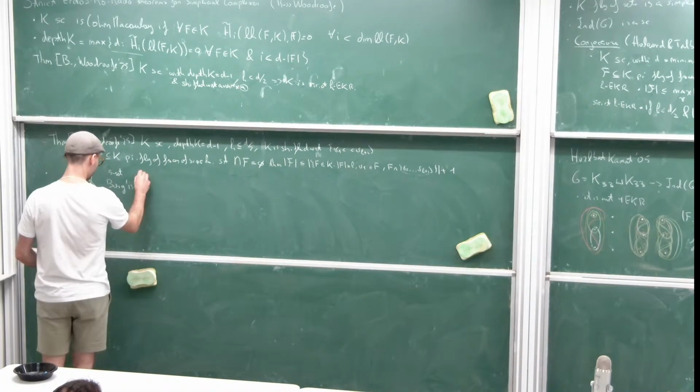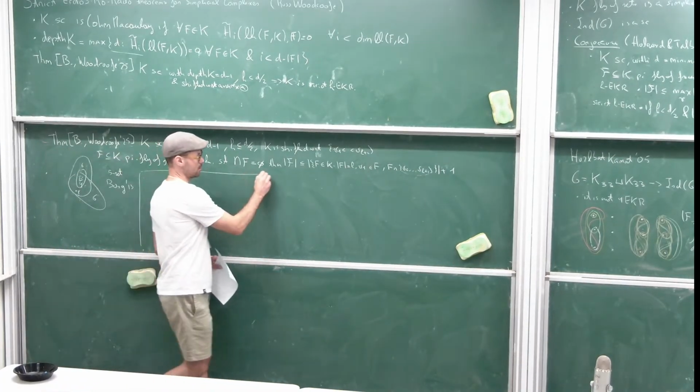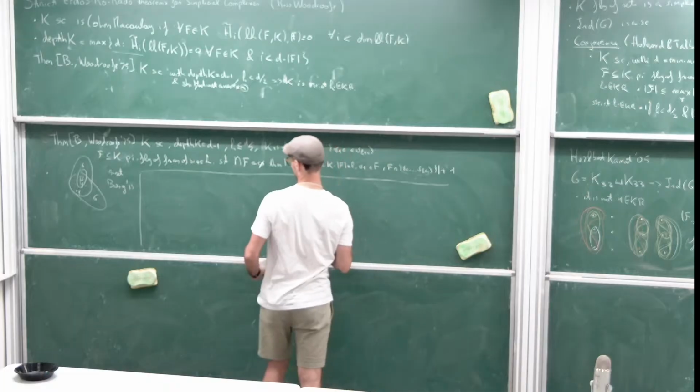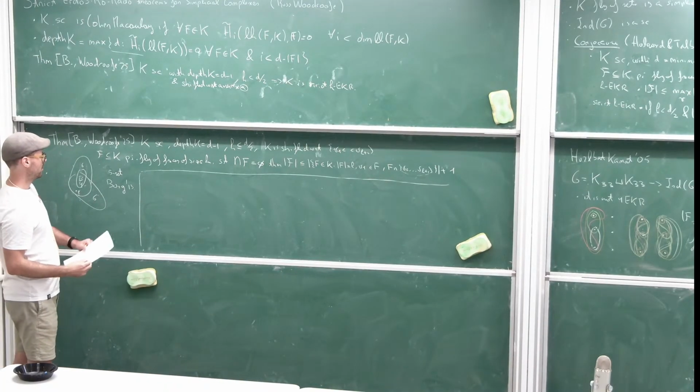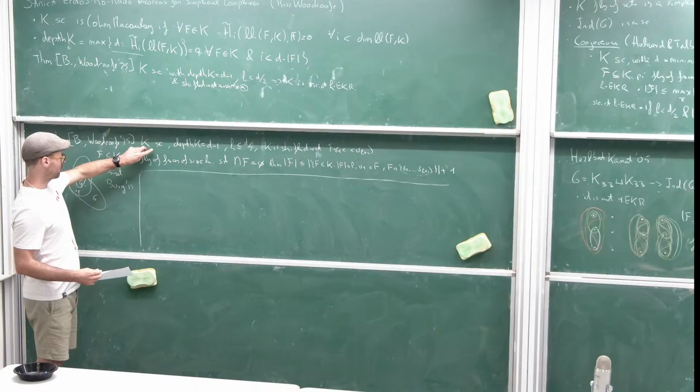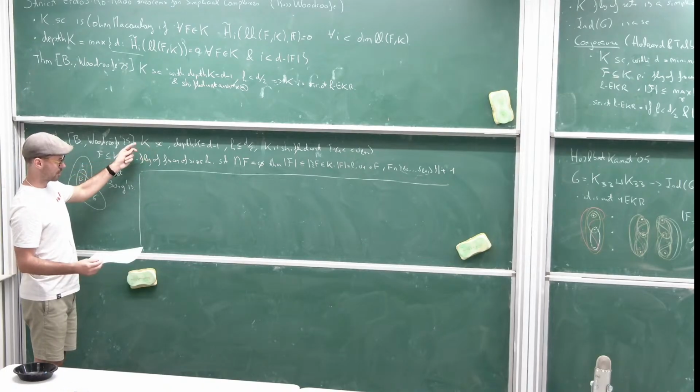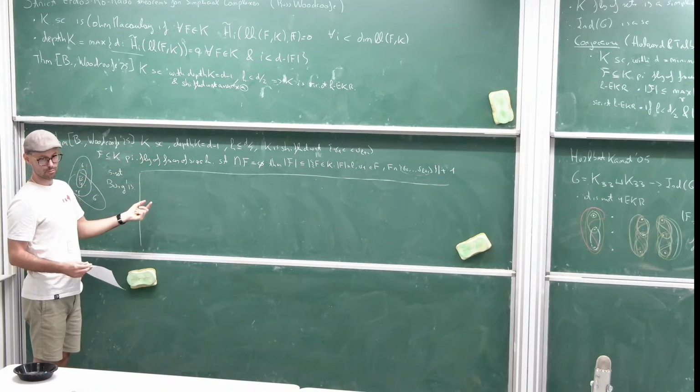What we do in these 2 theorems is that the main idea is that we reduce the problem from an arbitrary simplicial complex to a shifted one.